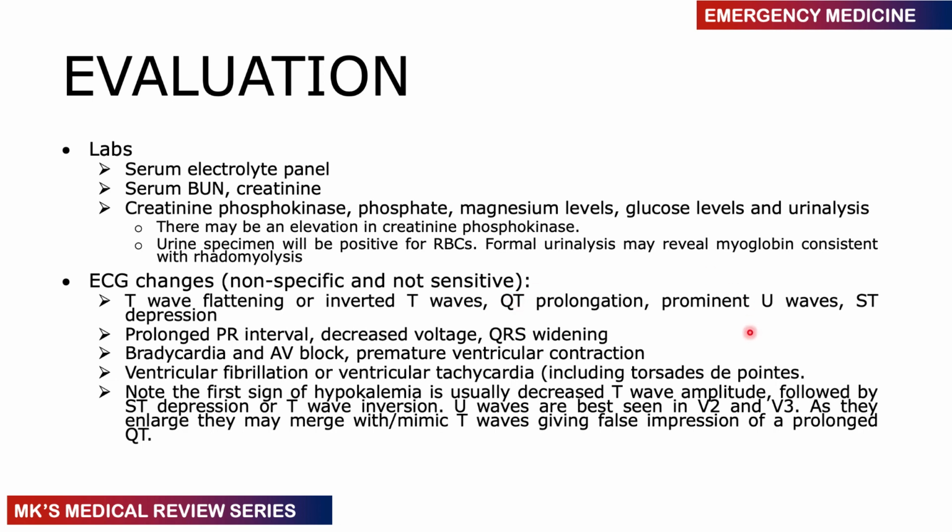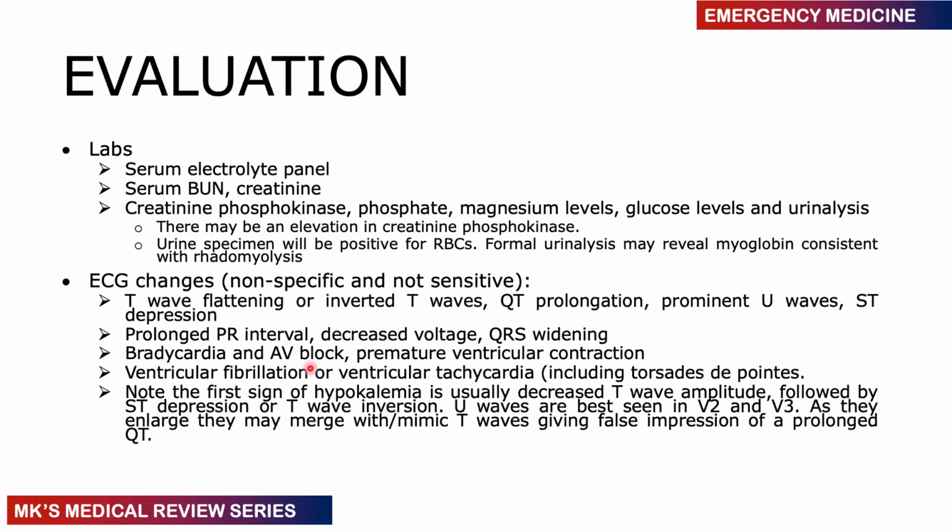You may get prominent U waves, ST segment depression, prolonged PR interval, a decrease in the voltage, QRS complex widening, bradycardia, an AV block, sometimes tachyarrhythmias like ventricular fibrillation, ventricular tachycardia, the so-called torsade de pointes. I think I talked about this. You may sometimes get premature ventricular contractions.